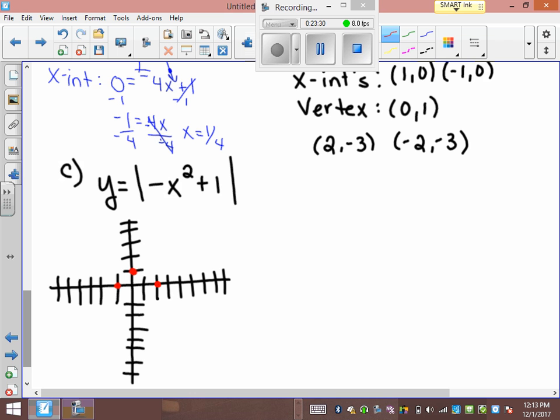So I went to second graph, to my table of values, and went to the left of negative 1 and pulled off a nice small point. I went to the right of positive 1 and picked a point. So I put negative 2, negative 3, and positive 2, negative 3. Now I actually have points that I can make go up and draw the graph. Other than that, I would have just been guessing.